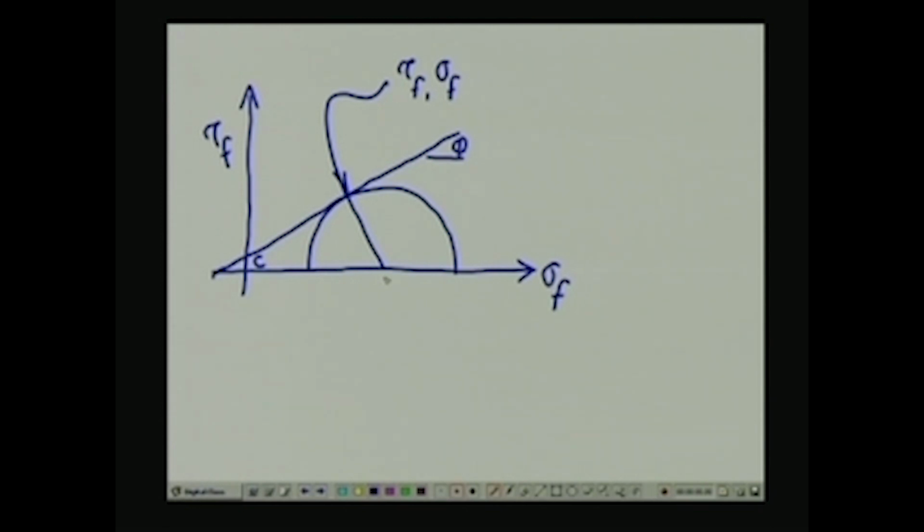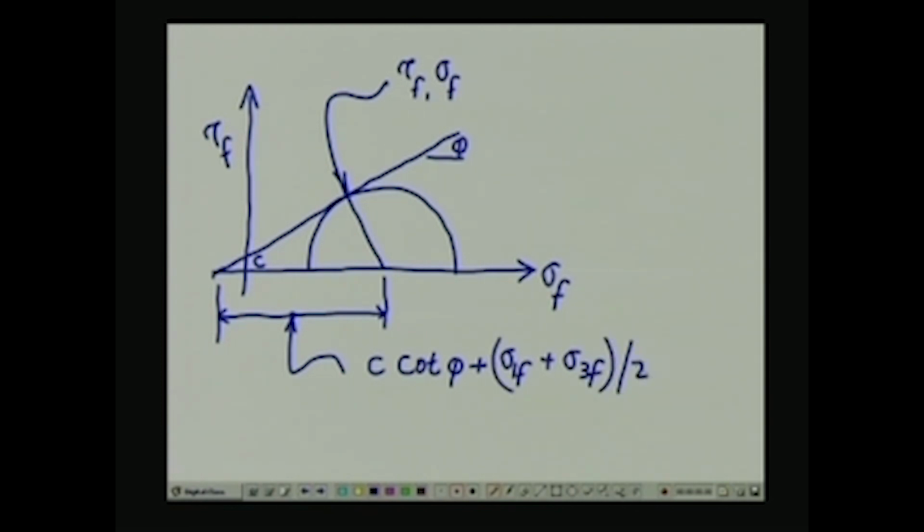Since the angle that the failure envelope makes with the sigma axis is phi, this distance here is going to be given by c cot phi plus (sigma 1f plus sigma 3f) divided by 2.